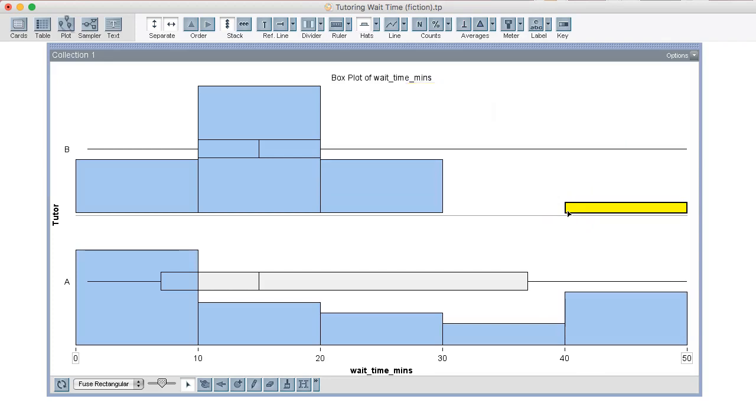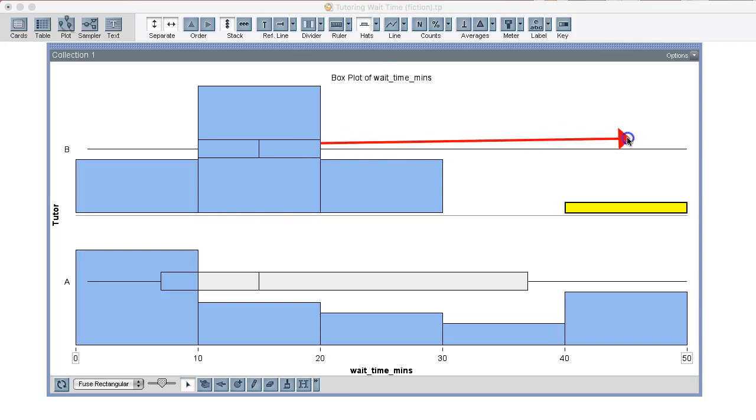Now, can I answer this question using a box plot? Well, I can tell from the box plot that the third quartile is at 20. So I can see that 25% of the data would fall above the third quartile, or roughly 25%.